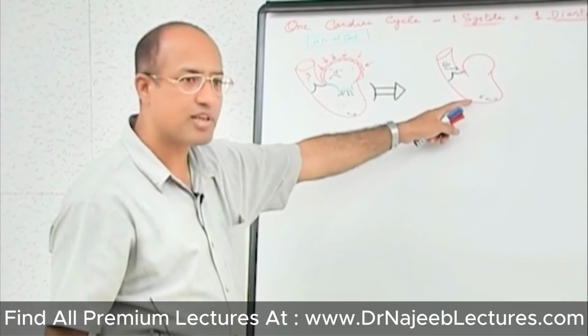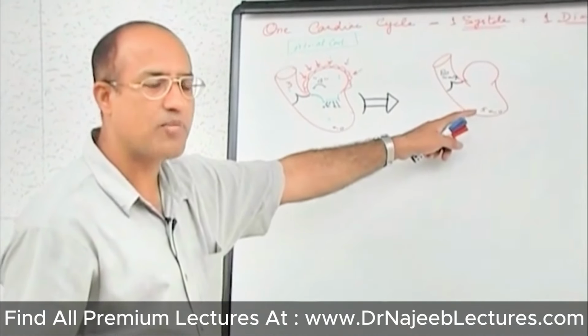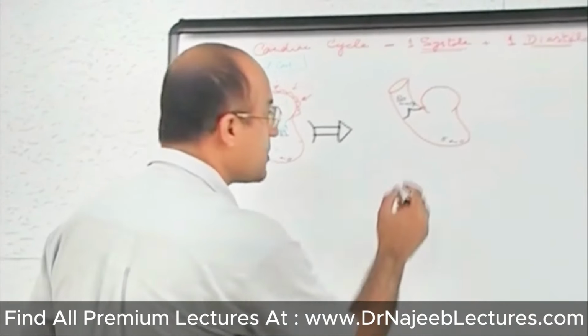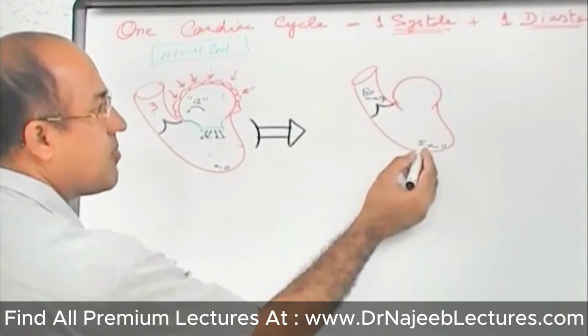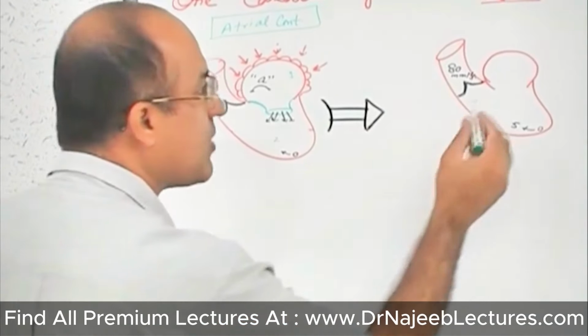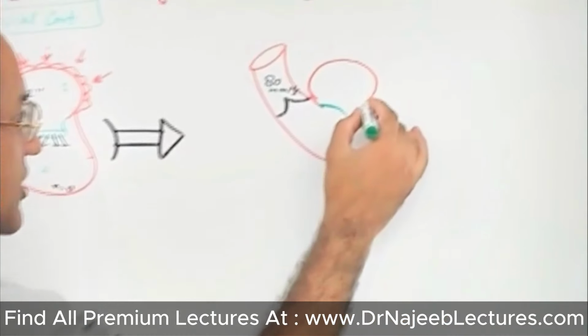Now pressure in the ventricle is slightly above the pressure in the atrium. As soon as pressure in the ventricle becomes more than the atrium, blood will try to go back and the mitral valve will be closed. That's very good.